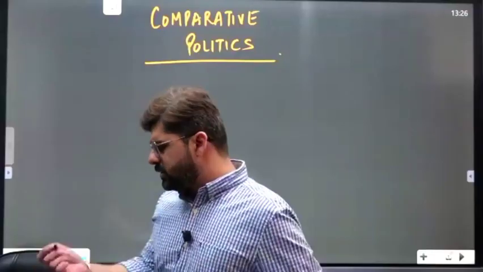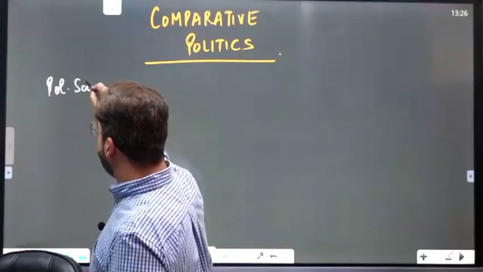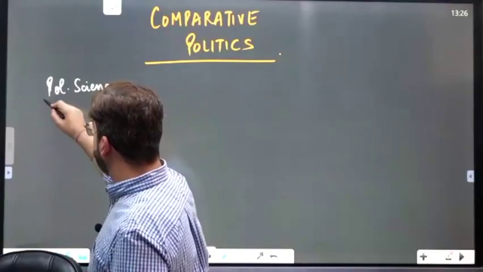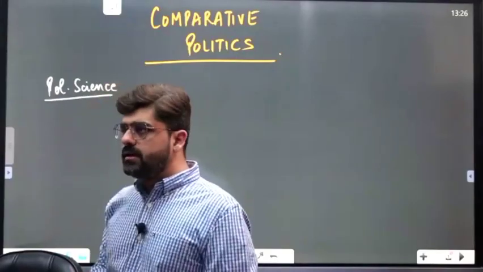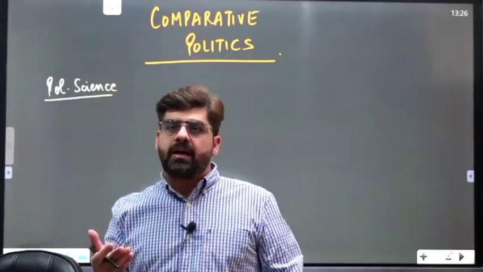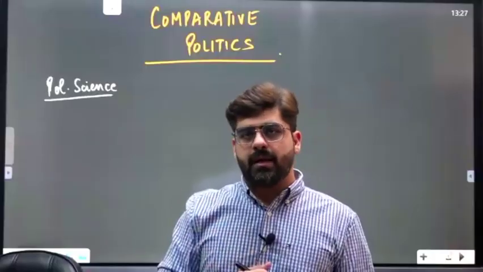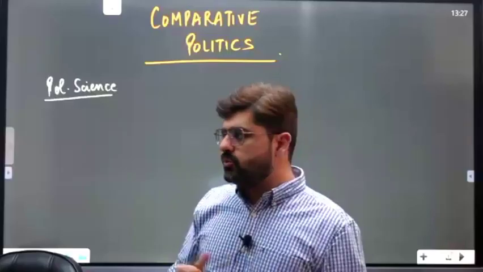So, look, when we talk about political science, we have already done that political science is trying to understand the politics in a systematic manner, not necessarily scientific manner, but in a systematic manner. That is what political science intends to do.